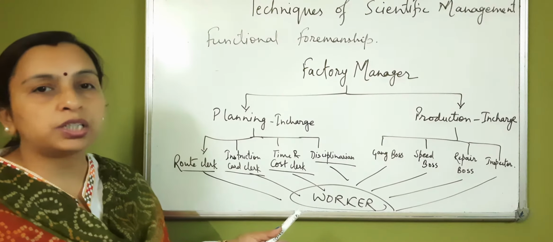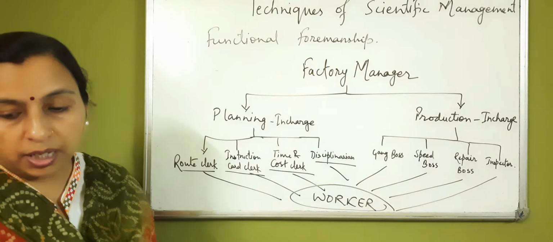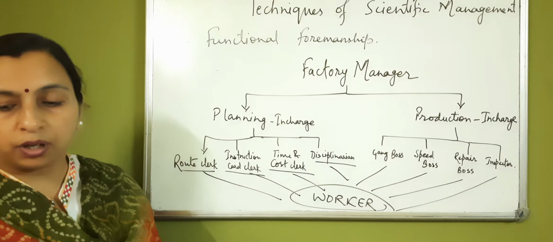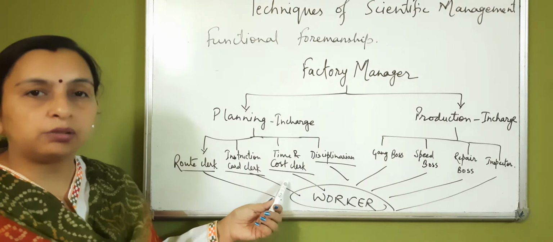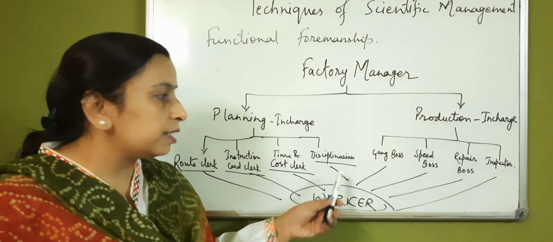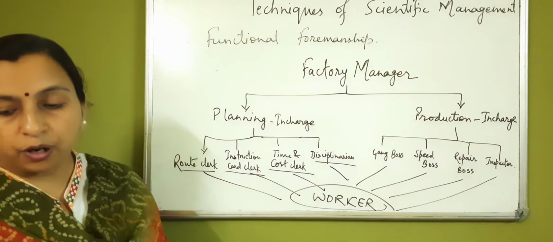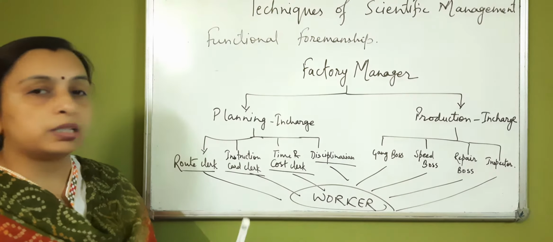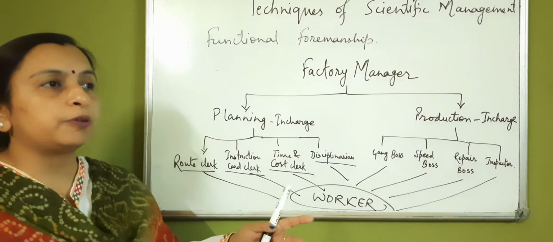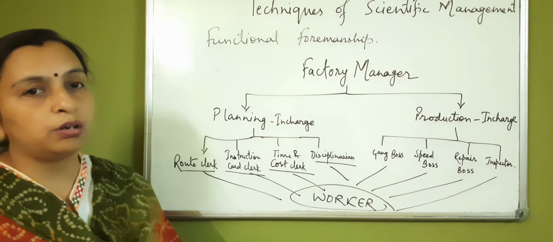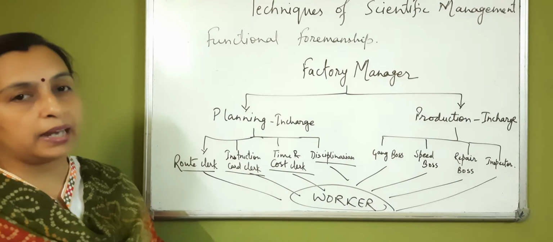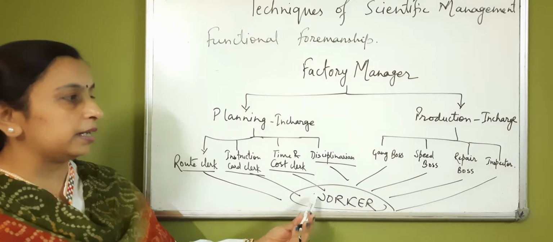The time and cost clerk is responsible for fixing up the time and cost involved in completion of a particular job, so he will make the time and cost sheet. Then the disciplinarian is responsible for performance of the job in an orderly and systematic manner. He will see whether the work is performed in an orderly and systematic manner or not. These 4 people work under the planning in charge. So this is the planning department.